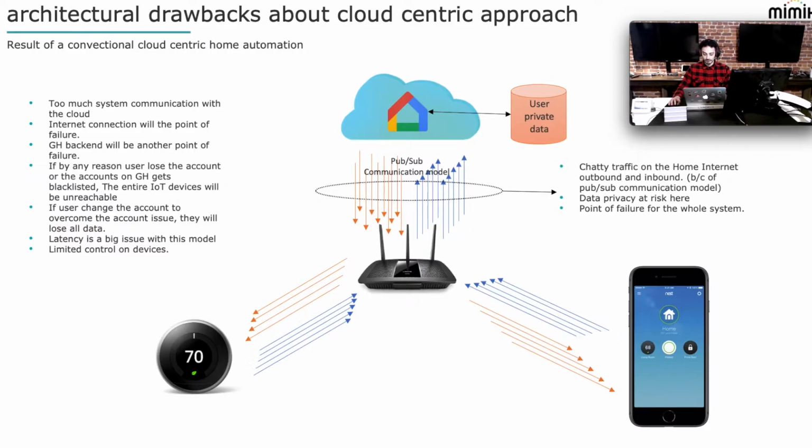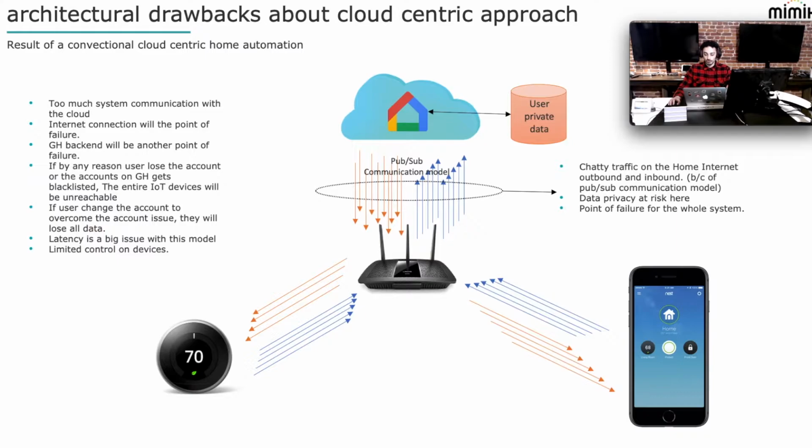There's a heavy reliance on the cloud is another high potential point of failure. For example, if the cloud goes into maintenance or you can't reach the cloud for some reason or reach the servers, then you're pretty much locked out. Mismanagement of account or becoming blacklisted by automatic processes in the cloud could possibly mean being locked out of entire home IoT cluster of devices.